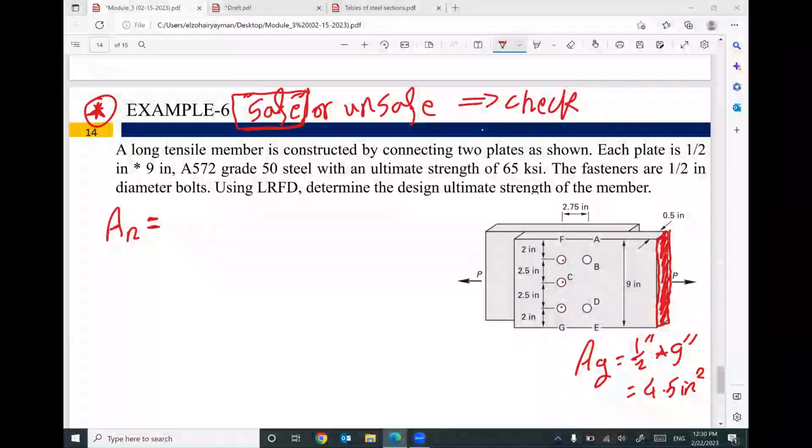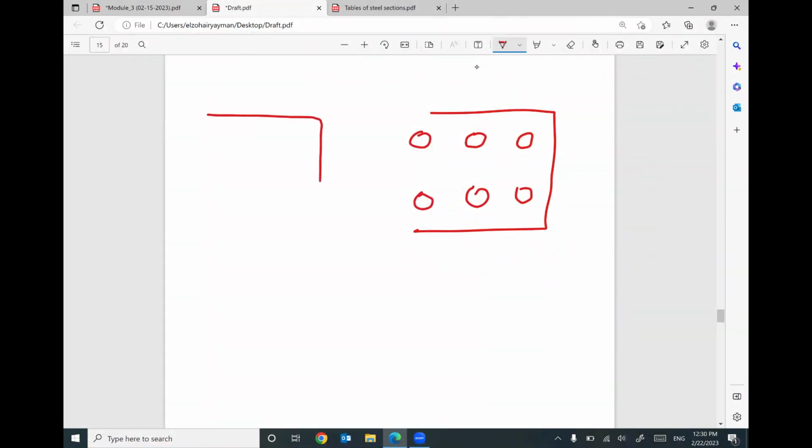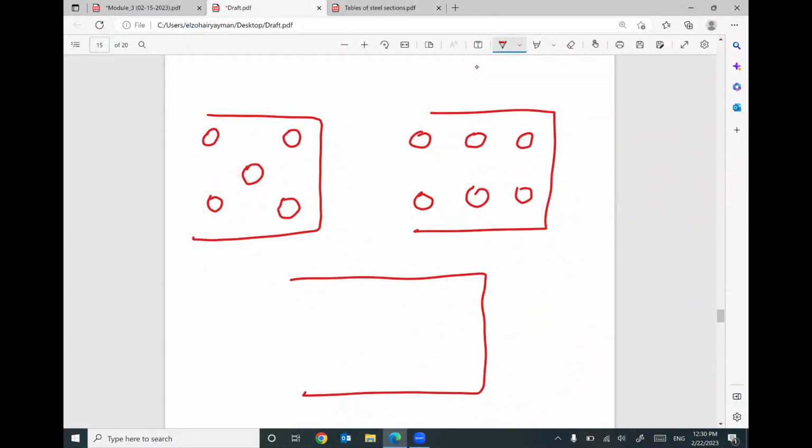Because this connection is confusing a little bit. What we can understand is that if you have parallel, that means we will have this arrangement. Or staggered, that means I will have this arrangement. But what I'm seeing right now, I have this one, and I have 3 here. Looks confusing to me.